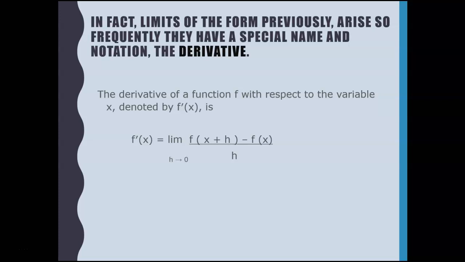The derivative of a function f with respect to variable x is given by f prime of x equals the limit as h approaches 0 of f of x plus h minus f of x all over h. The derivative, also known as f prime of x, is given by the equation the limit as h approaches 0 of f of x plus h minus f of x all over h.